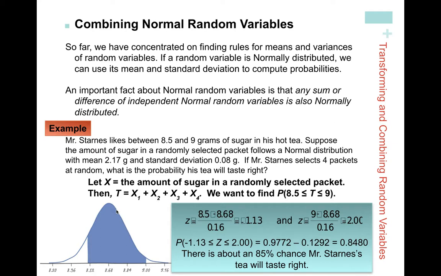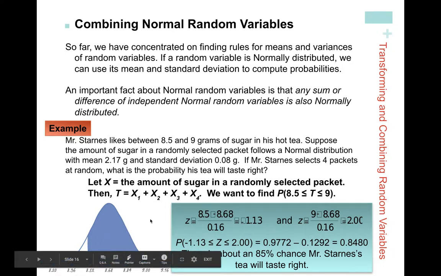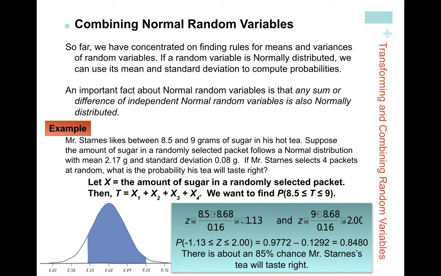And this has parameters of mu equals 8.68, sigma equals 0.16. So we draw it, shade the region of interest, calculate the probability of the blue shaded region, and we find that it's approximately 0.8480.